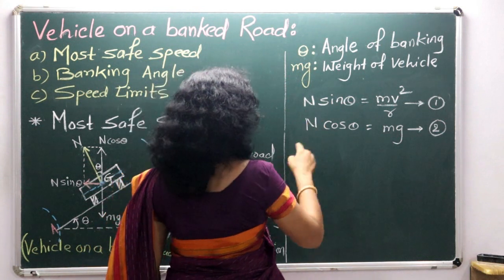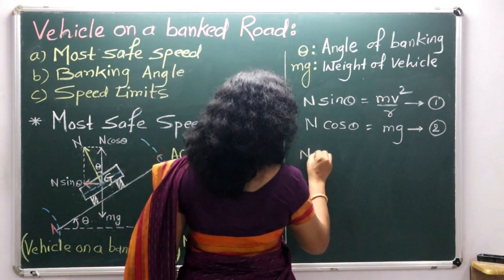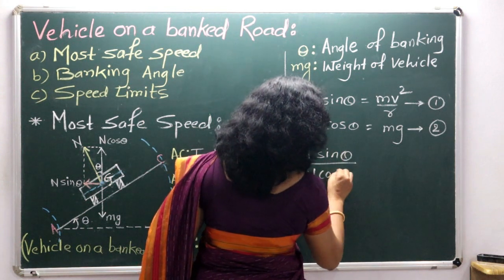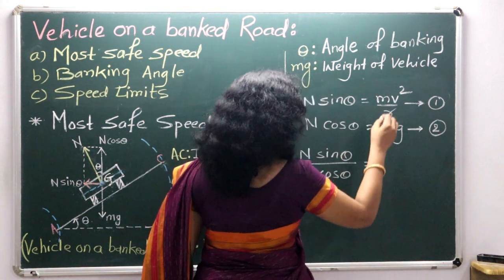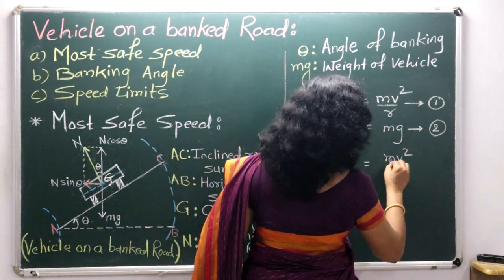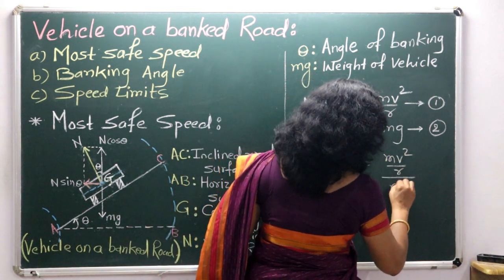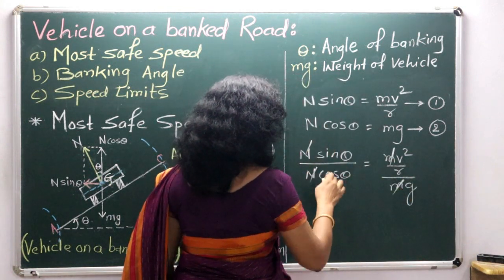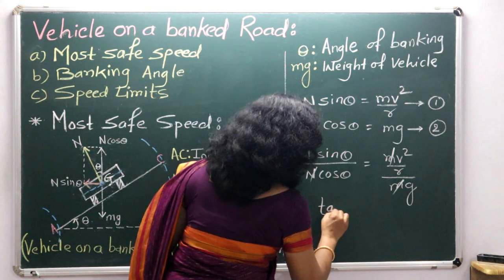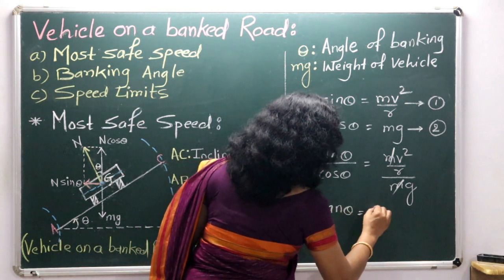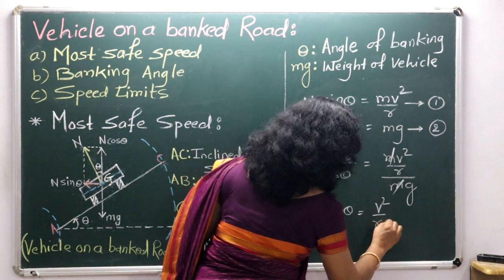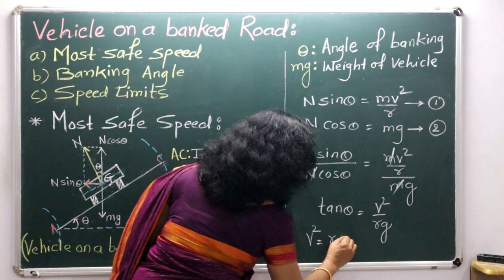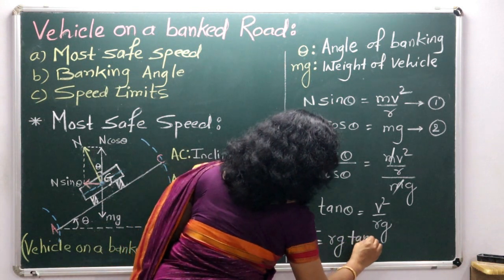Divide equation 1 by equation 2, we will get N sin theta upon N cos theta equal to mv square upon r upon mg. N gets cancelled, m gets cancelled, sin theta upon cos theta, that is tan theta, is equal to v square upon rg, and therefore v square is equal to rg into tan of theta.